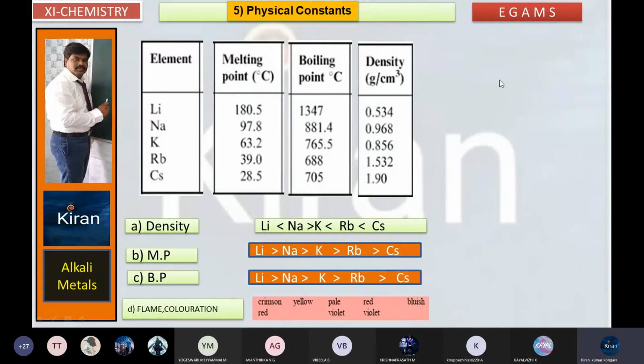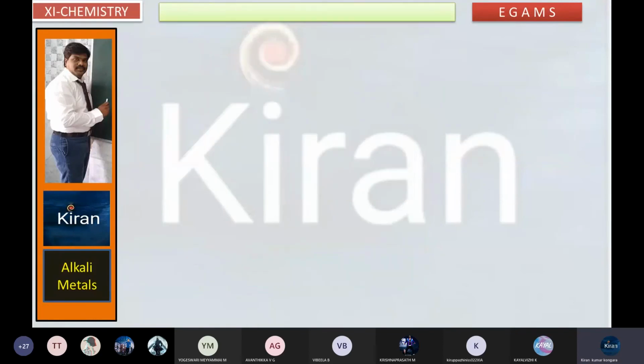Sodium flame is yellow, potassium is pale violet, rubidium is red violet, and cesium is bluish. Their melting points decrease and their densities increase. See the flame coloration with the colors.